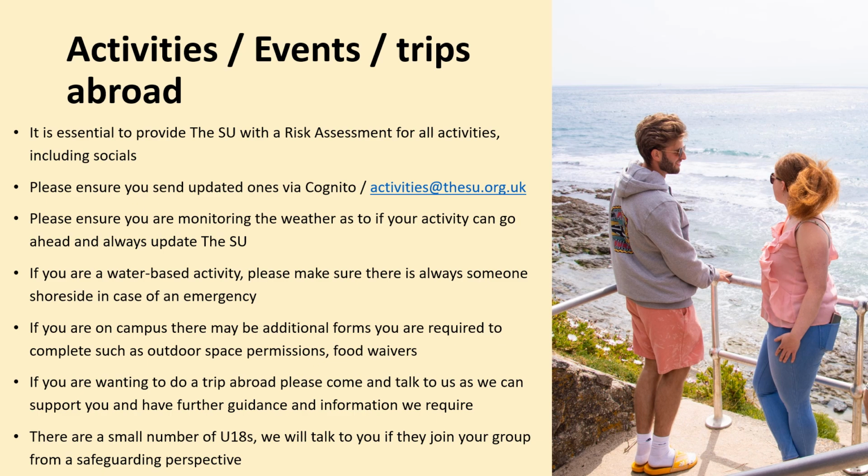If you're doing something outside, please ensure that you're monitoring the weather and making sure that your activity can still go ahead, and always communicating with the student union as well. So if an event is no longer going ahead or you've changed the date or time, please let us know.